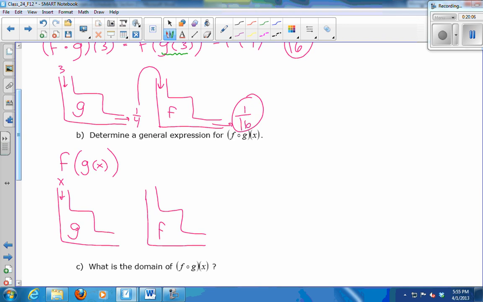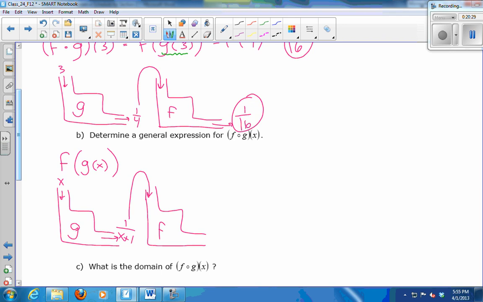So what do I get when I drop an X into the G machine? What does G do to it? 1 over x plus 1. Yeah. That's what comes out. 1 over x plus 1. Okay, so then I'm going to take that output and drop it into the F machine.